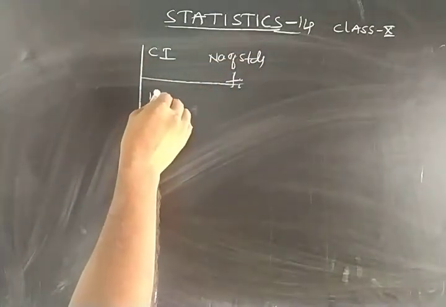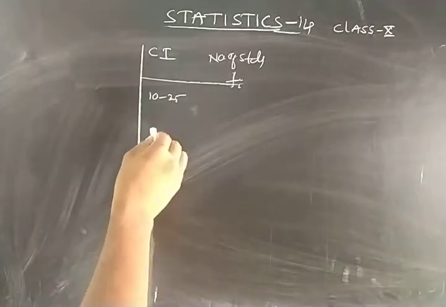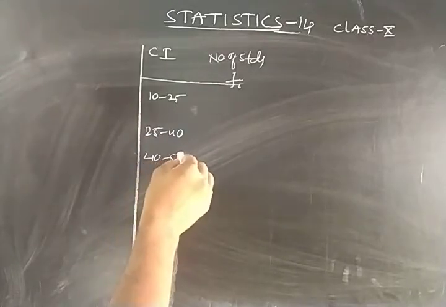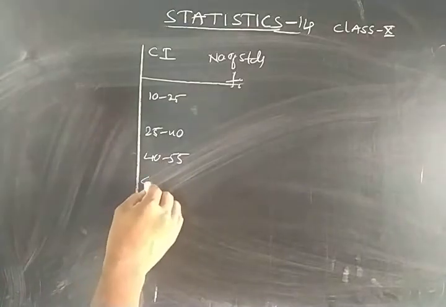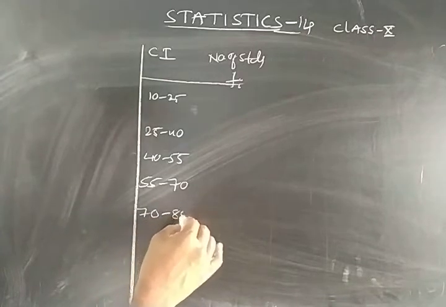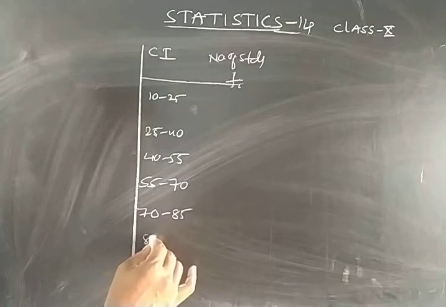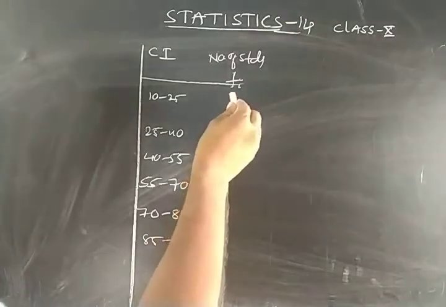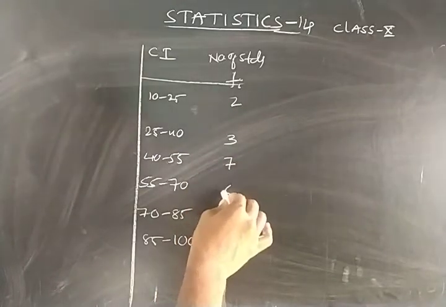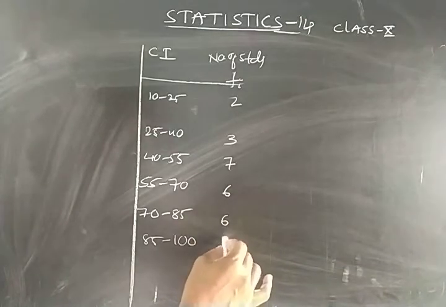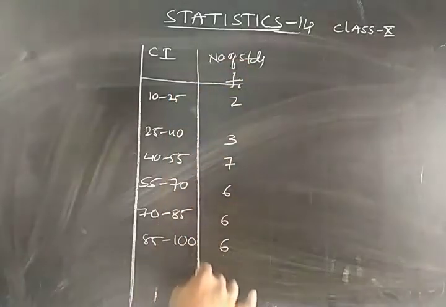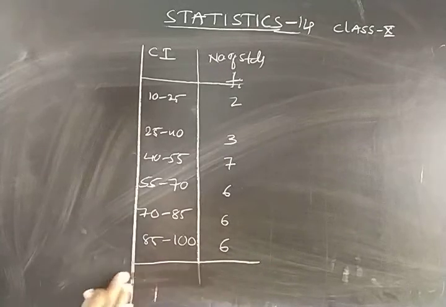Class intervals: 10 to 25, 25 to 40, 40 to 55, 55 to 70, 70 to 85, 85 to 100. Frequencies: 2, 3, 7, 6, 6, 6.